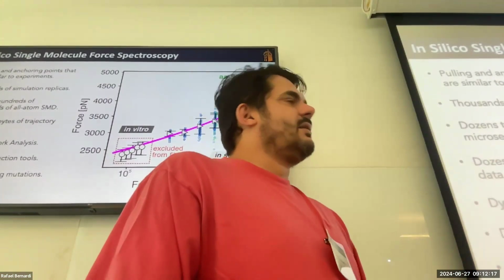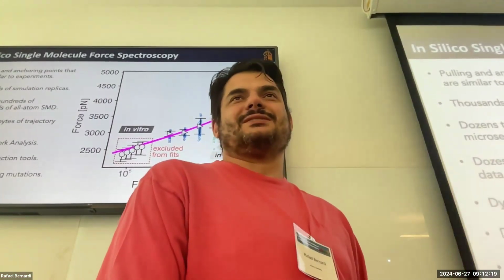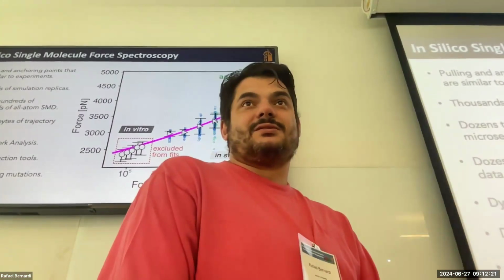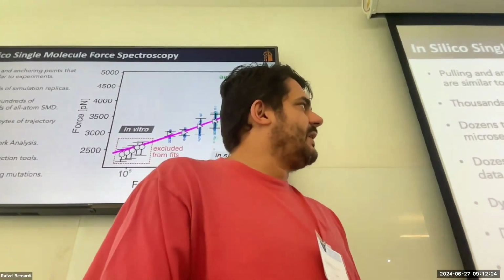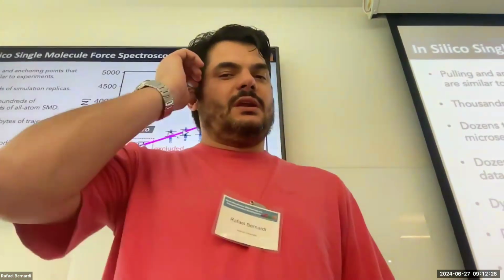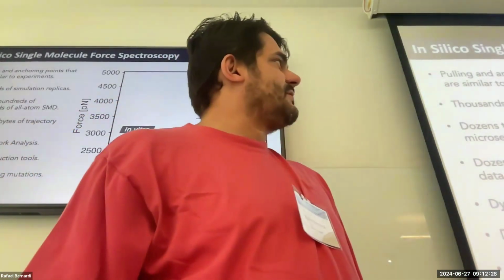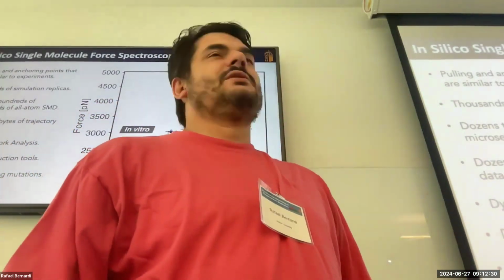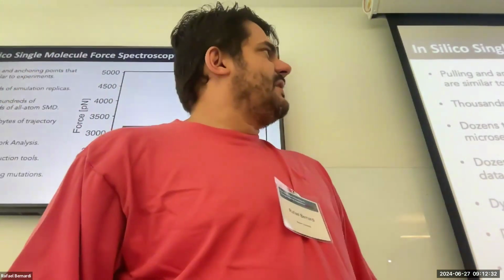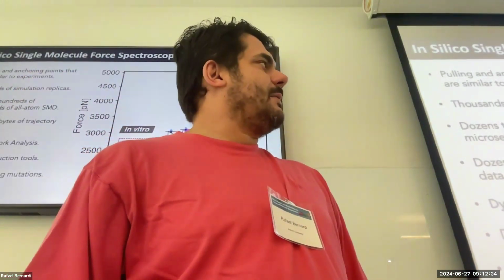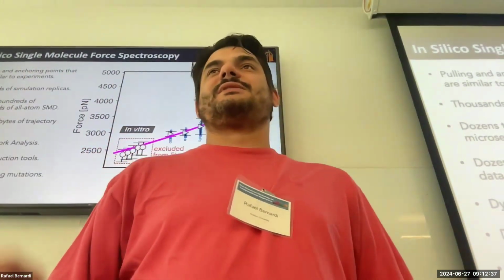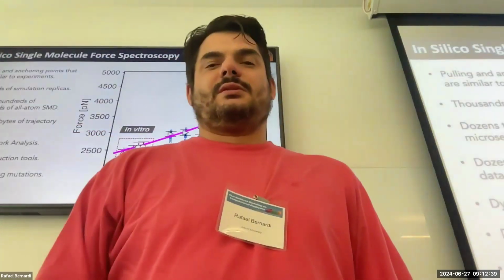So we actually get 2,000, 3,000 traces, 3,000 simulations of the same system to recover the kind of behavior that you have in the experiment. And you see this huge distribution of forces. So you're seeing force by force loading rate, that's the speed, basically. And you see that sometimes I get 5,000 piconewtons to rupture, or sometimes I get 3,000 for the same velocity, for the same pulling. Okay?